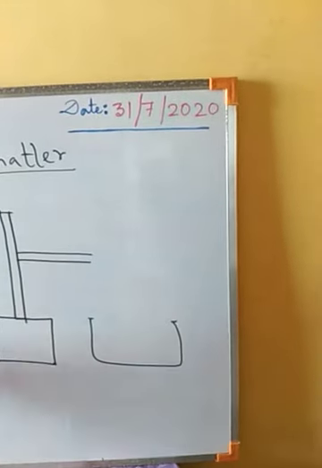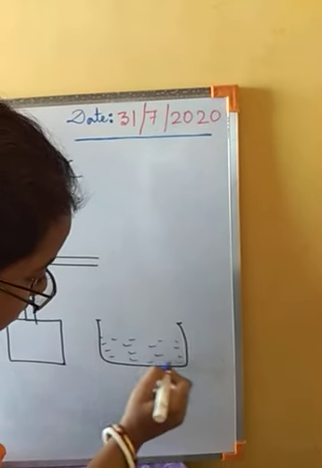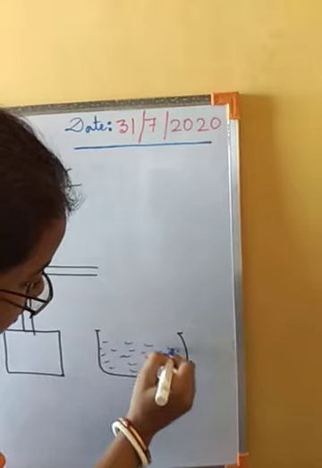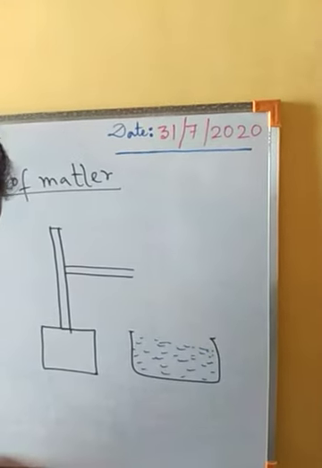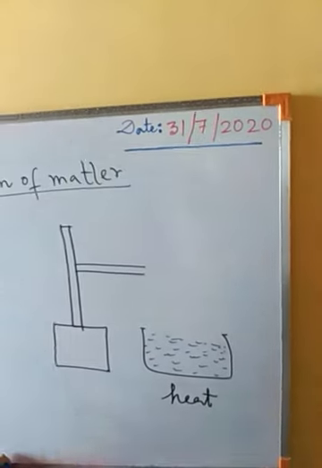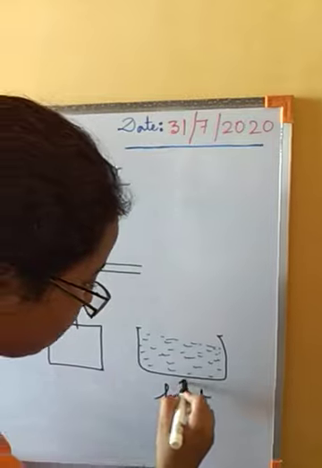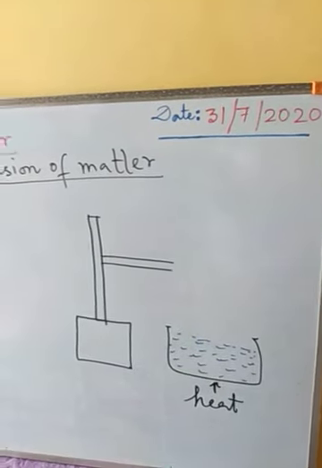So the water I am drawing in this manner. This is water, suppose, and we are not going to heat this directly. We will be heating the water, and through the water the heat will be transferred to this test tube.